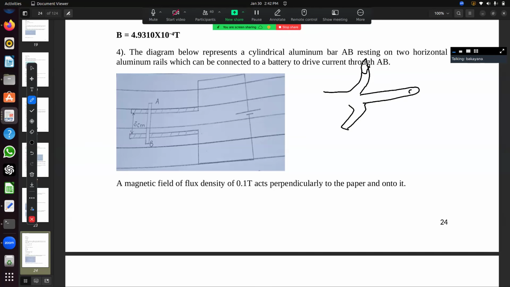Of course there are some other fingers. My fine art is not good at all. But you imagine having three fingers: the thumb, the forefinger, and the middle finger, pointing at 90 degrees to each other.